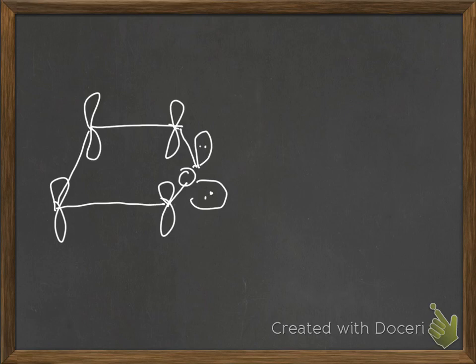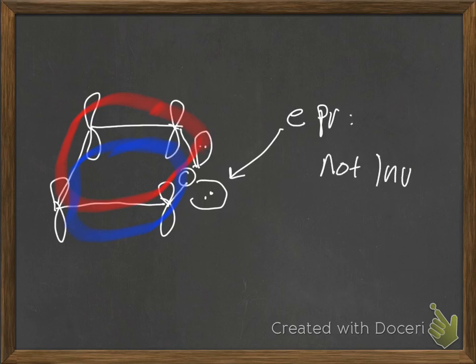When it comes to making it aromatic, that pair of electrons is involved in the aromaticity. Whereas, pardon me for just a moment, so I can get to the color I want. There we go. And down here, whereas this pair of electrons, not involved in aromaticity. Okay?